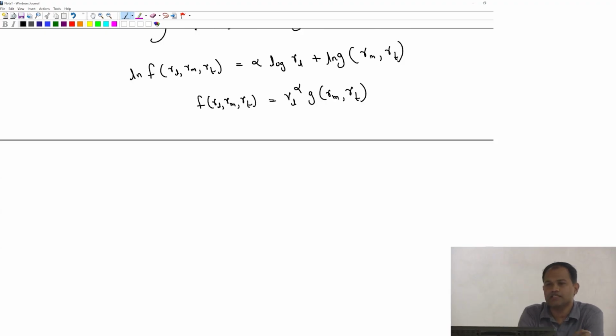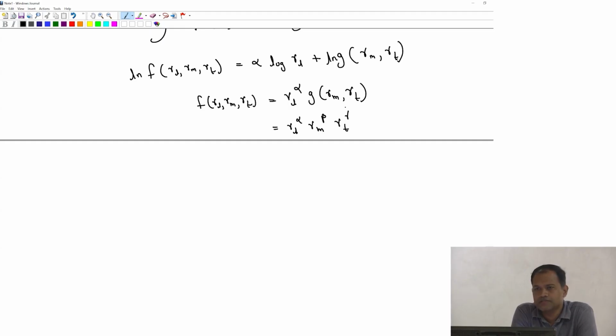So this is what I get if I do it with respect to L. But you can see that this L was just one thing that we chose. We could do this with respect to M, and with respect to T, which means I am going to end up with RL to the power alpha, Rm to the power beta, Rt to the power gamma.